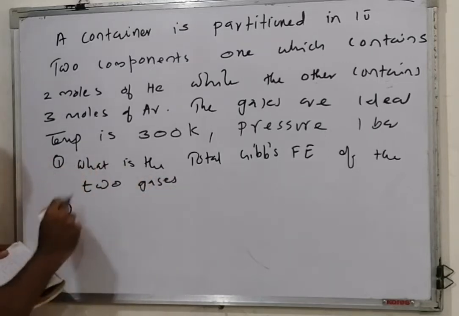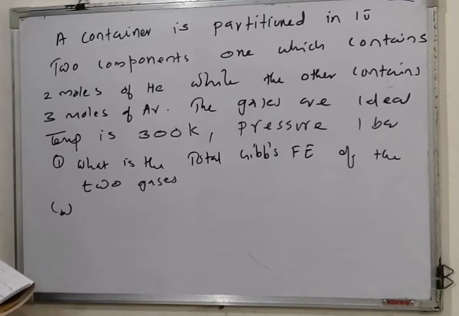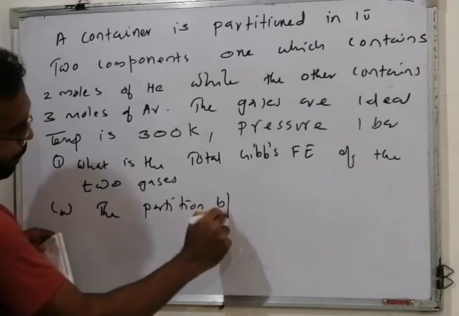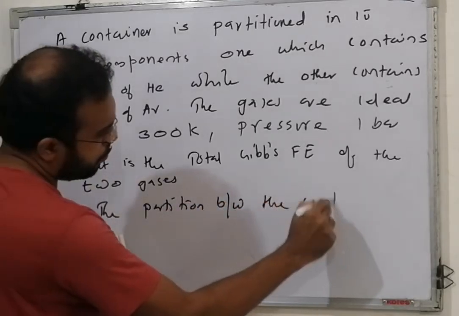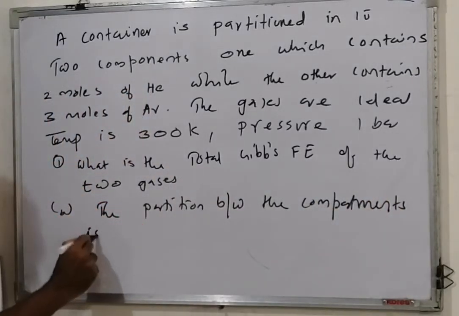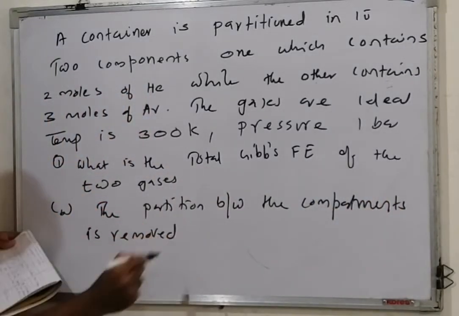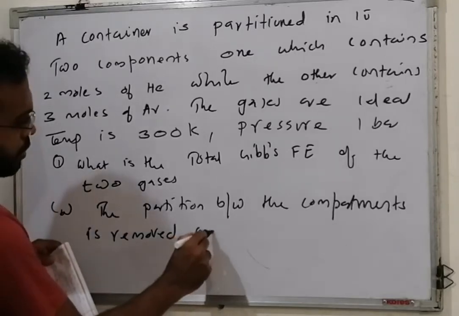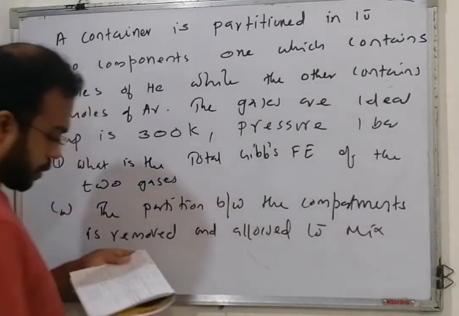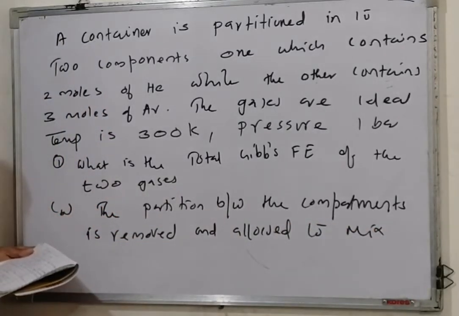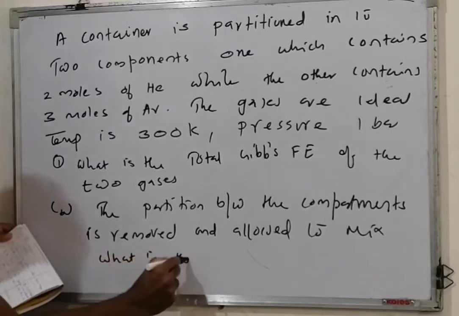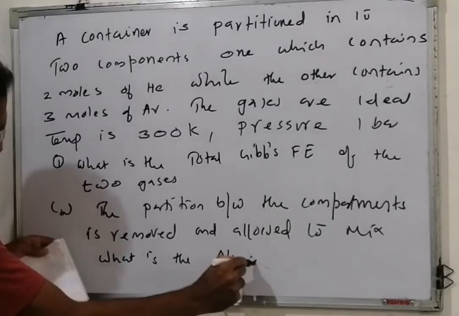Second, the partition between the compartments is removed and the gases are allowed to mix, then what is the delta G mixing?